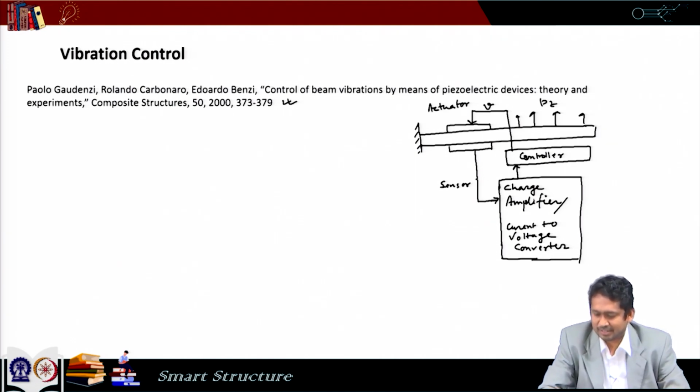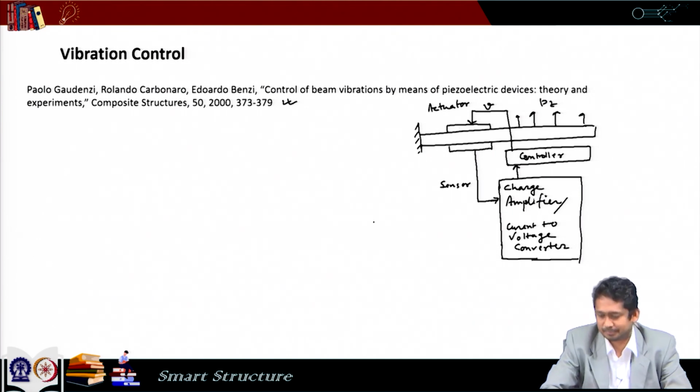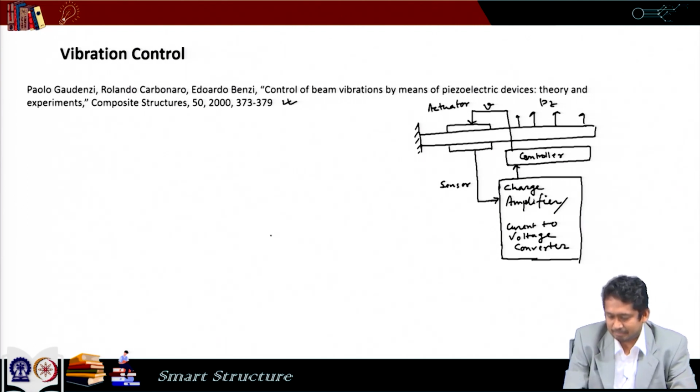Now, from here the charge or current comes here, the output of this charge amplifier or current to voltage converter is a voltage. This voltage, when it goes to the controller, it is multiplied by a gain, and then the final voltage comes here, which actuates the actuator. Now, if you are interested in the details of this charge amplifier or current to voltage converter, this paper can be referred, the circuit diagrams are given there.